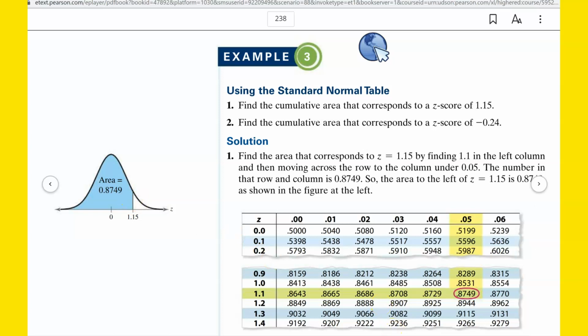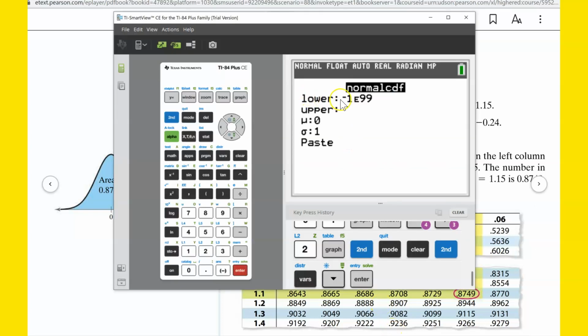Okay, so let me show you how to type that in the calculator. The lower is the left endpoint, the lowest you want to get to. You can't put in negative infinity, so you put in the lowest thing you can, and the lowest number you can put into the calculator is -1 times e to the 99th. That's the lowest thing the calculator can comprehend. So you say -1 e99.